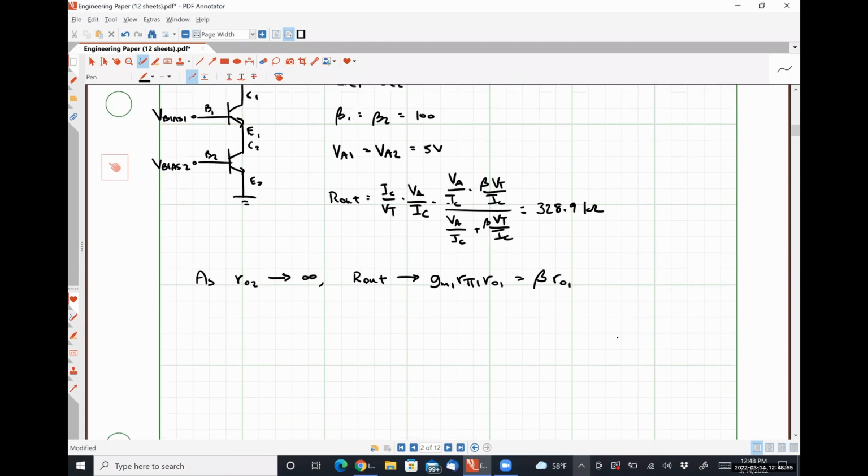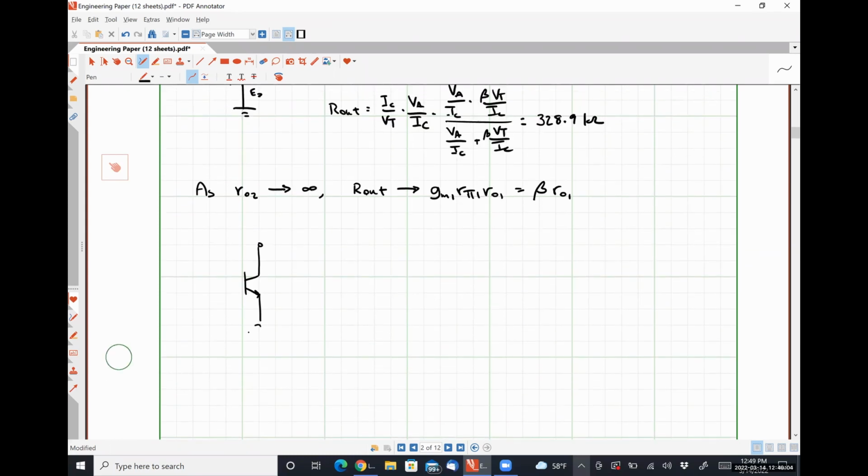So if we had this configuration, I ideal, here's our bias voltage, V bias 1, here's our output resistance, R out.